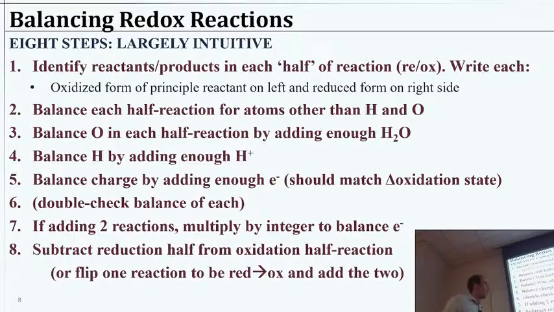Okay, finally, the final step, that's when you subtract one half from the other or add them together, however it logically makes sense to do, right? You don't want to end up with twice the amount of electrons on one side because you accidentally subtracted when you added, but you flip them around such that when you add them together, the electrons cancel out.